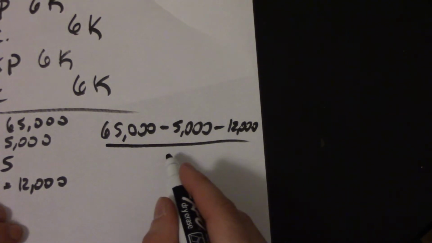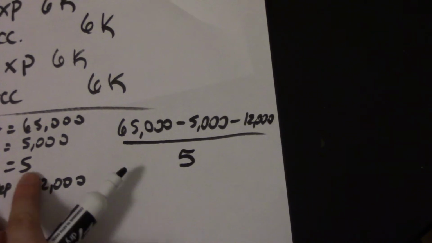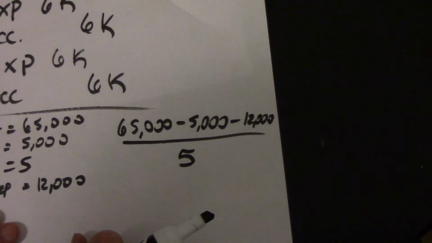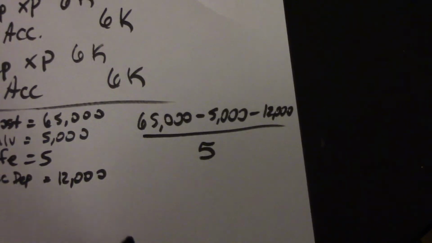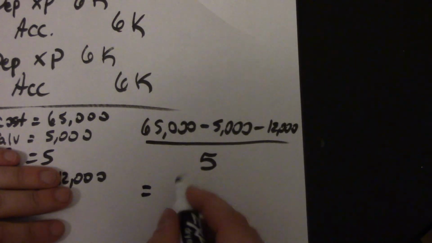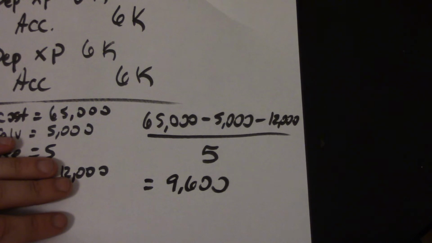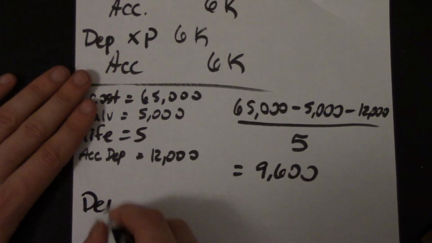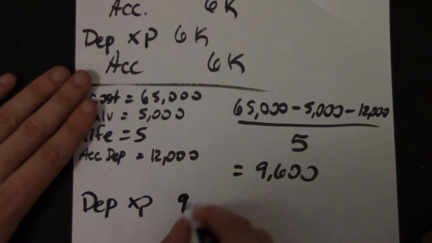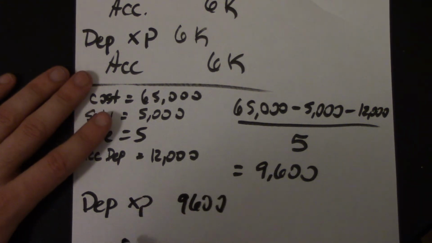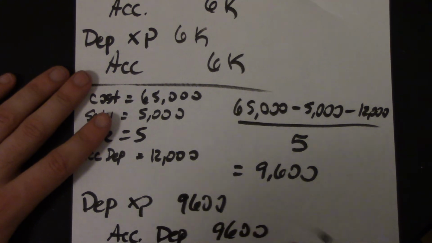And then we're going to divide it by our new useful life. So that should equal 9,600. And there's our new depreciable amount. So in year 3, our depreciation expense is going to be 9,600, and our accumulated is going to be 9,600.